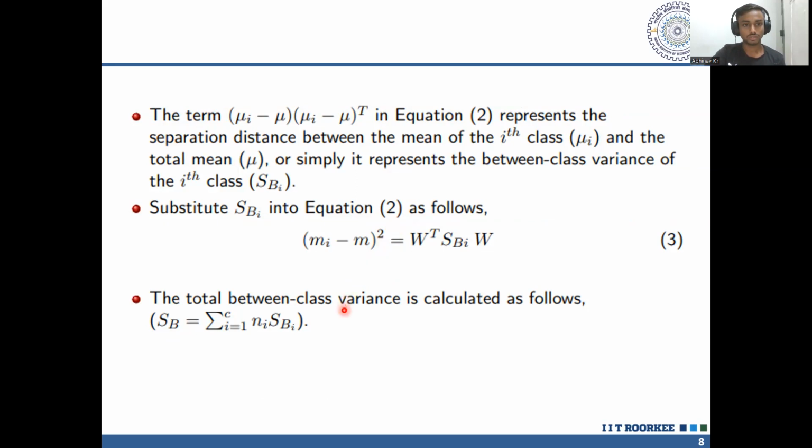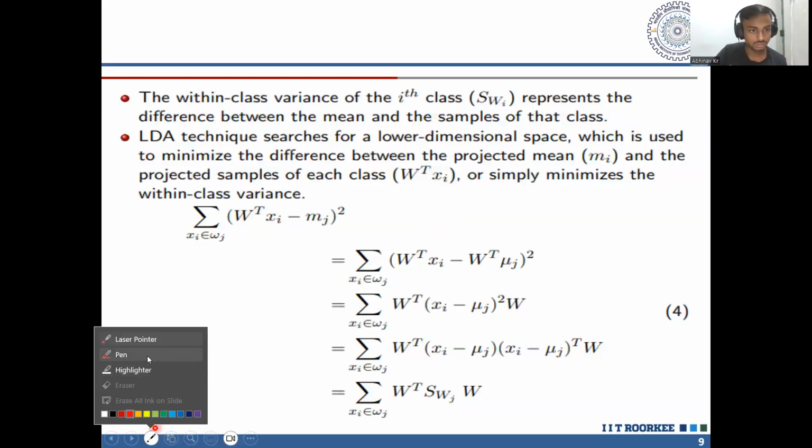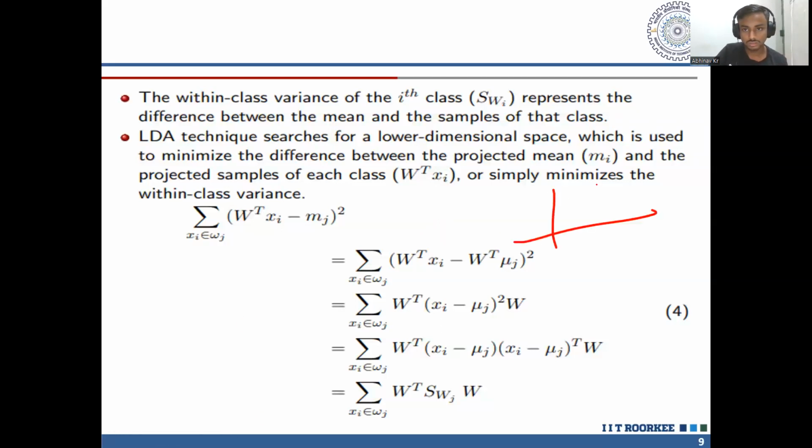I have talked about this earlier. Now, how do we calculate the within class variance? That is the variance between the data points of a particular class, right? These are the data points of one class, and you are calculating the variance of all the data points within this class.